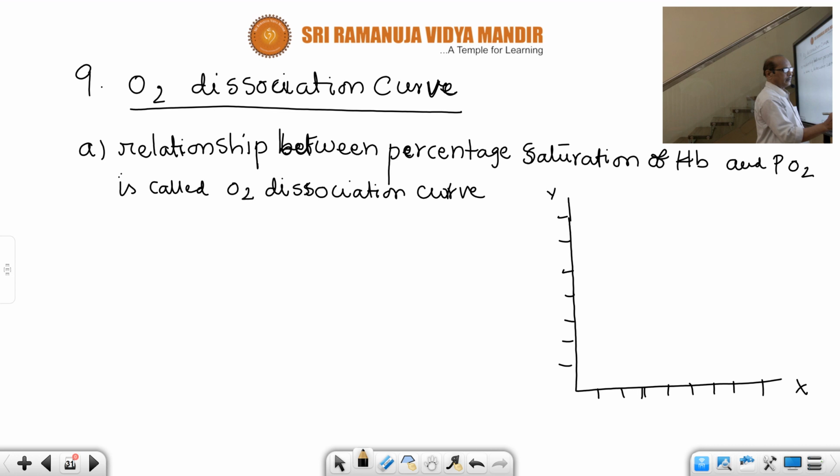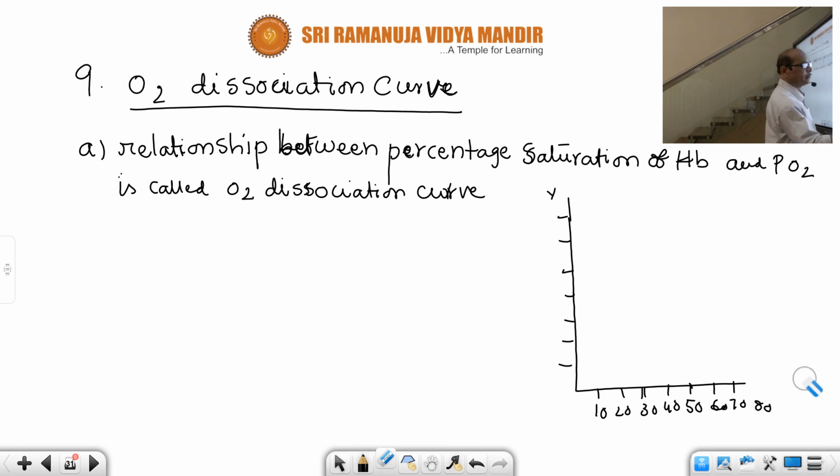Like this, 10, 20, 30, 40, 50. Note this diagram carefully, because this diagram should be drawn in the 2 marks question. It is given in the 2 marks question. That's why you take this graph: 60, 70, 80, and 100.